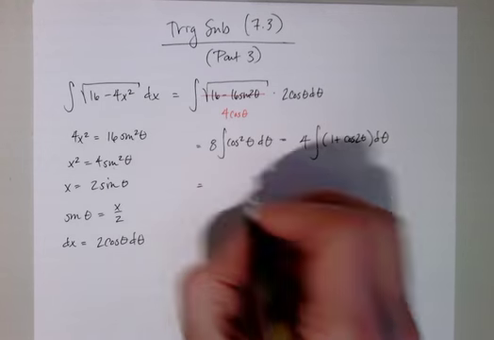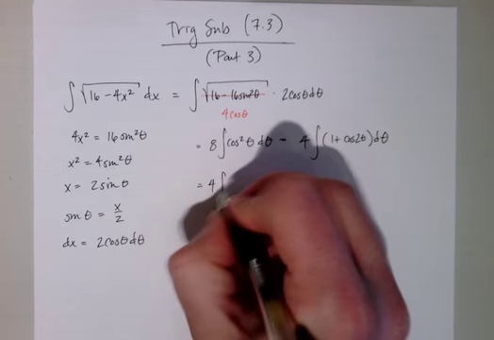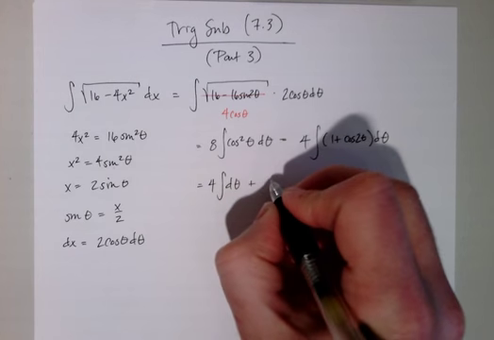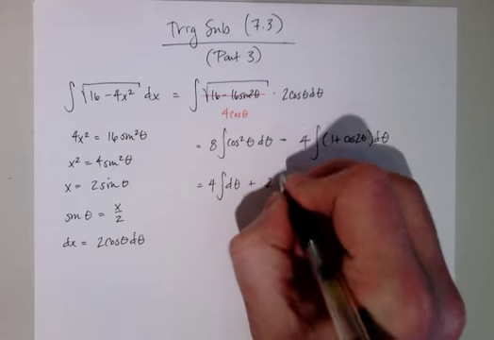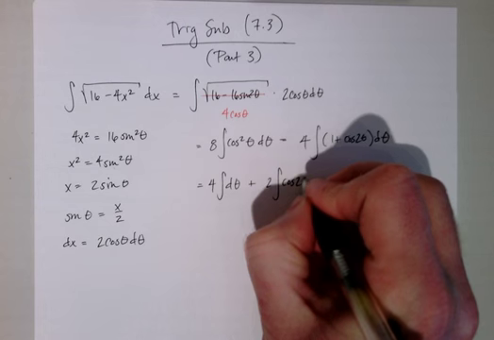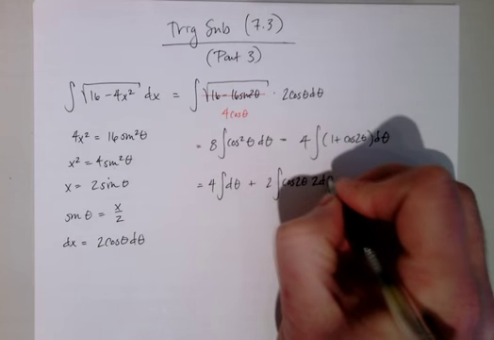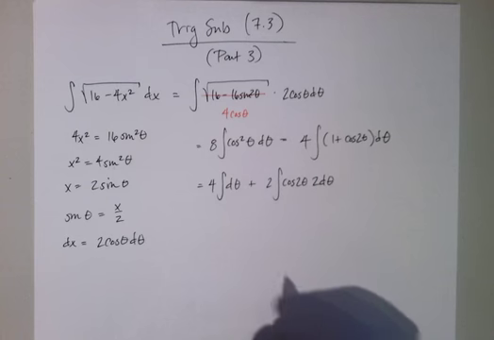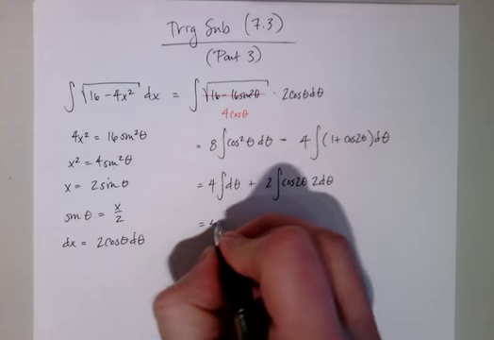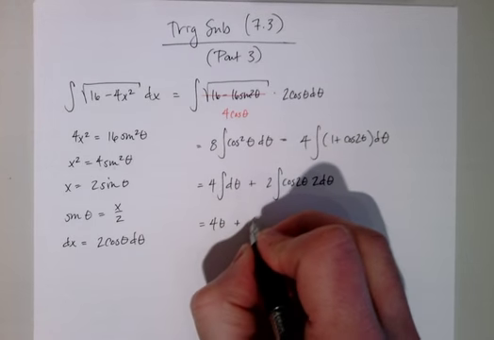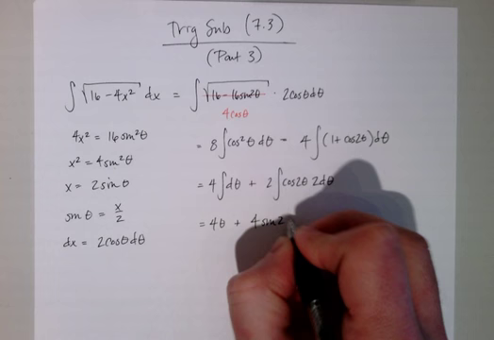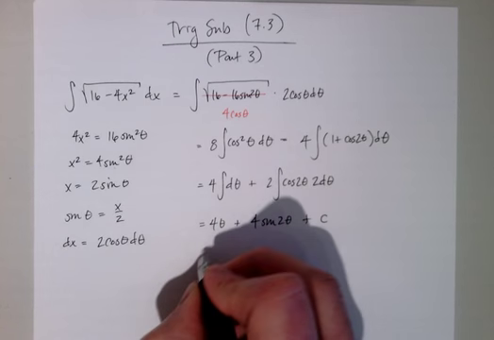Okay? So this winds up being 4 d theta plus 2 cosine 2 theta, because I'm going to steal one of those 2's and put it with the d theta to set myself up for u sub. 4 theta plus 4 sine 2 theta plus c.